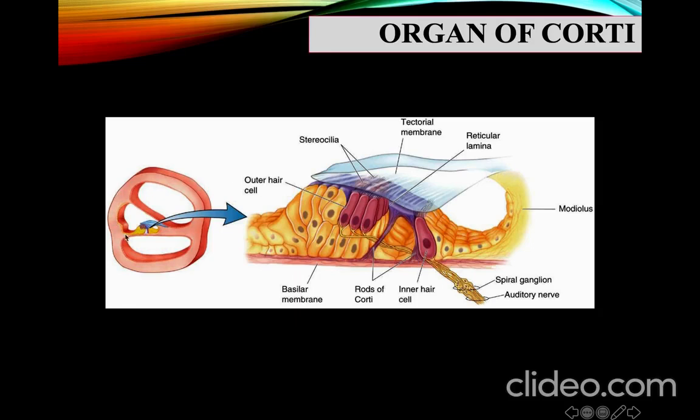So whenever sound waves cause vibration of the basilar membrane, the basilar membrane, the rods of Corti and the reticular lamina act as a unit. Whenever the basilar membrane moves, this whole unit moves.